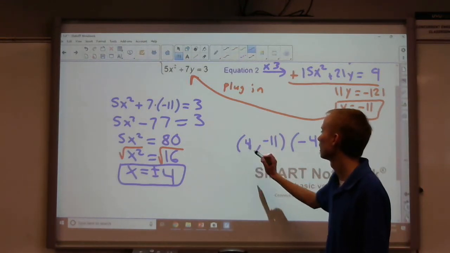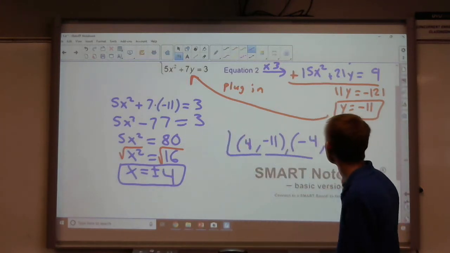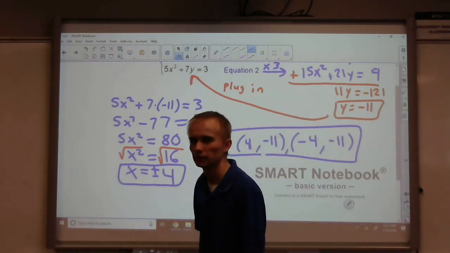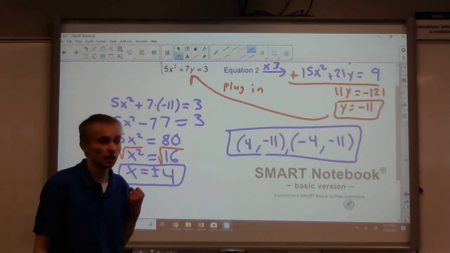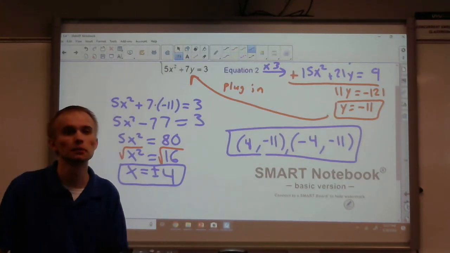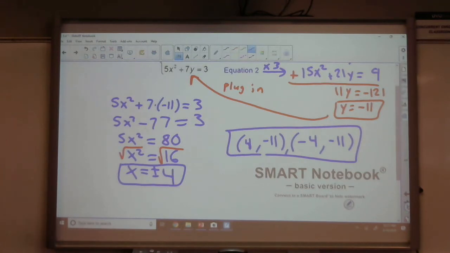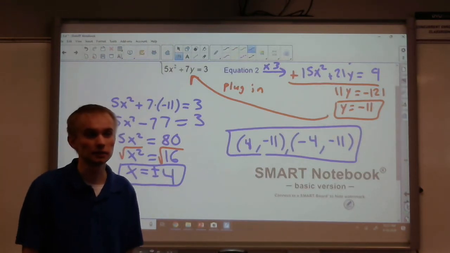They both have the same y value. Okay, so that's my answer here, would be these two. Okay, so not too bad, right? It's not too bad to solve these. We just do the same sorts of methods that we did for linear equations. There's just maybe a little bit more going on with these ones than the other ones, okay?